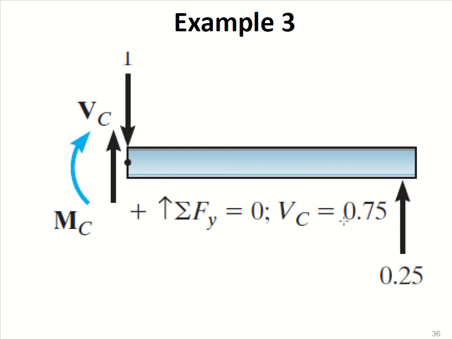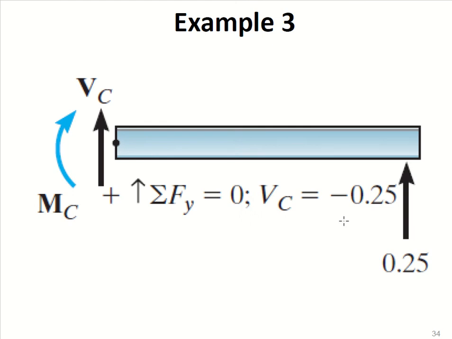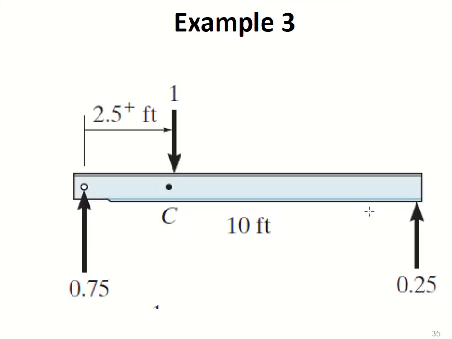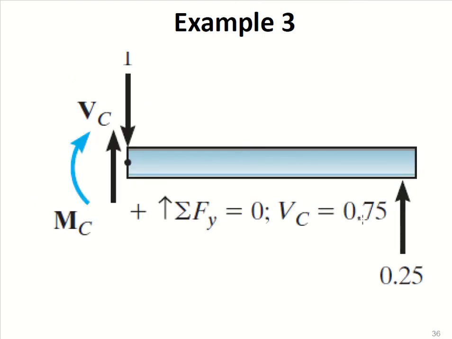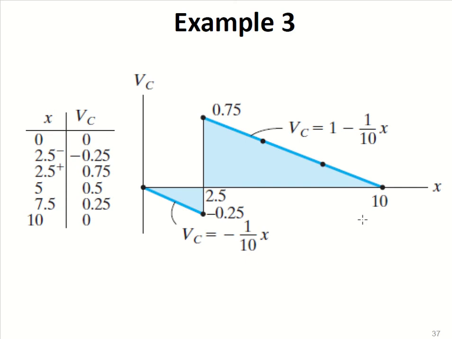So in this case Vc is positive. So at the same point C, you have seen that the shear force has changed from minus 0.25 to 0.75. So this was the point of variation. See, here your shear force has changed from minus 0.25 to 0.75 at the distance of 2.5.